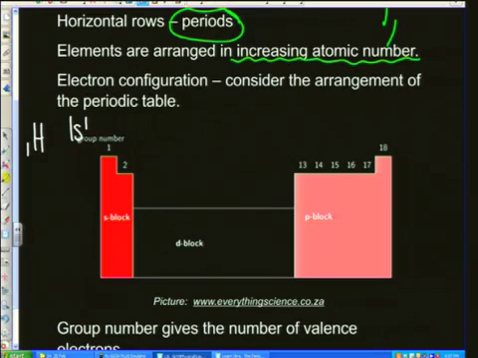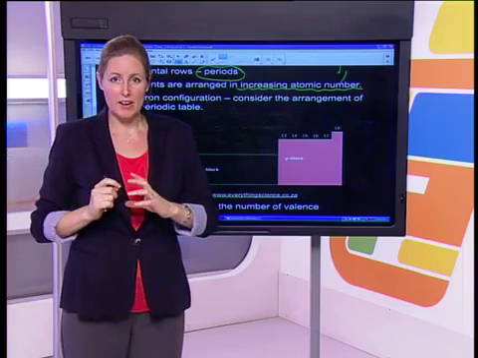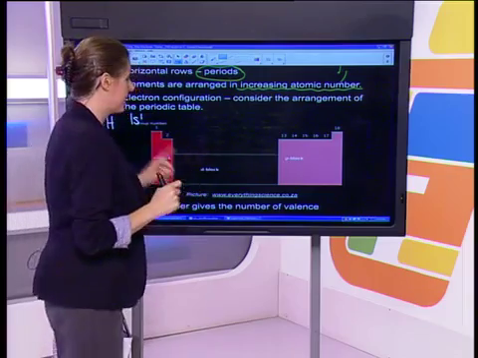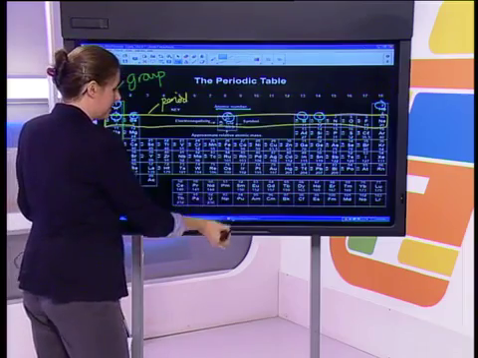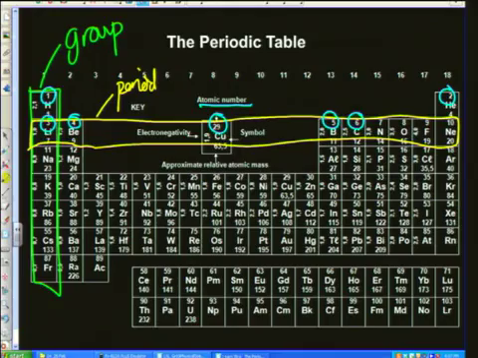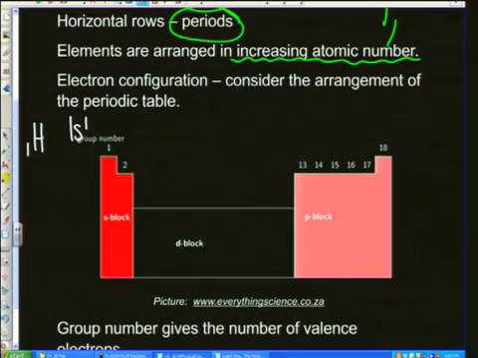Why? Because it's in the first spherical orbital with 1 electron. Then the next one, helium, it's got 2, so helium over here would be 1s2. It's got 2 protons, so 2 electrons, they would fill up the s orbitals.